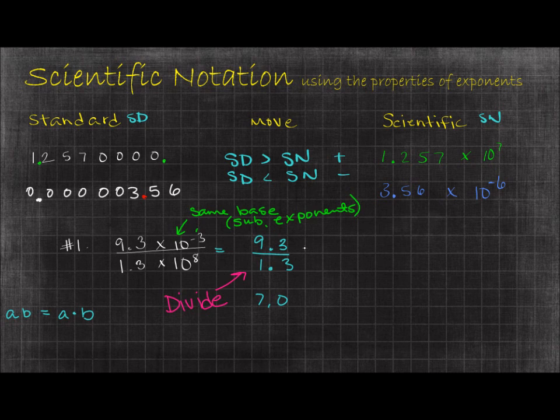So we're going to have times 10 to the negative third over 10 to the 8th. And if you take a negative 3 minus an 8, you're going to end up with a negative 11. So this becomes times 10 to the negative 11th.